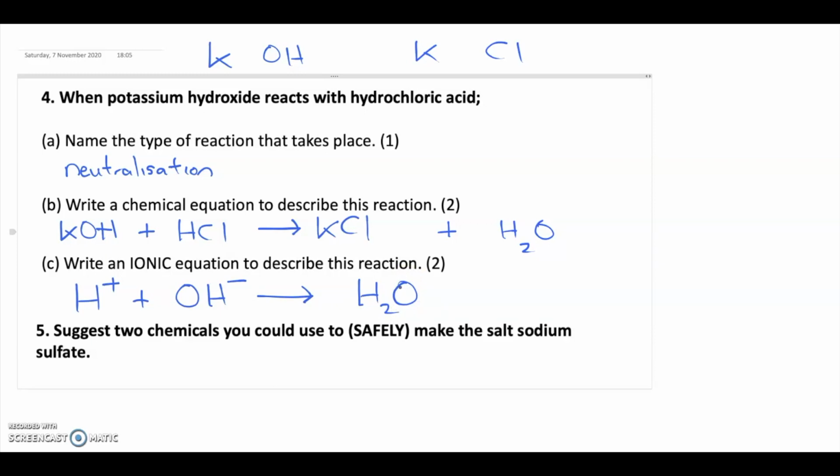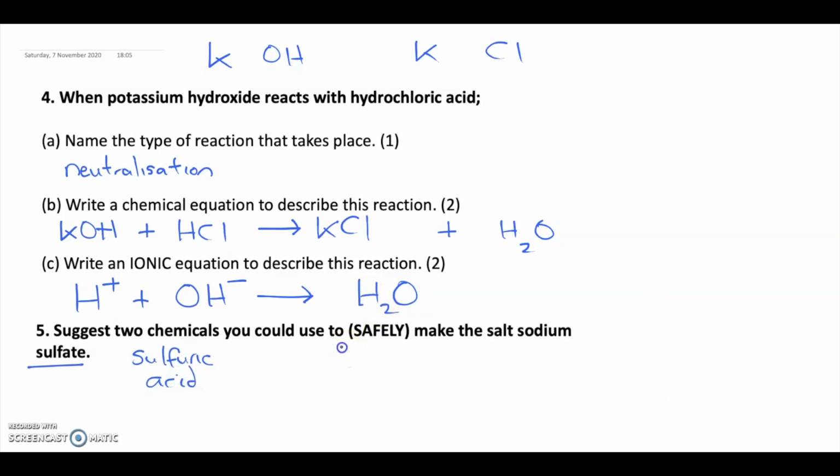neutralisation reactions form water. Now for question 5, you're asked to suggest 2 chemicals you could use to make the salt sodium sulfate. So because I need to make a sulfate, I need sulfuric acid. Now remember, we've learned that we can form salts from acids and bases, and acids and alkalis, and acids and metals.